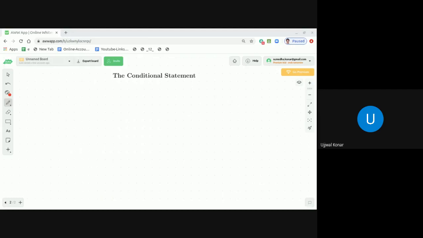Then the compound statement formed by joining P and Q by the connectives, something like that, if then, is called a conditional statement. Correct or not? Whenever we say a conditional statement, it is something like that. Let me give you an example so that it will be very clear.